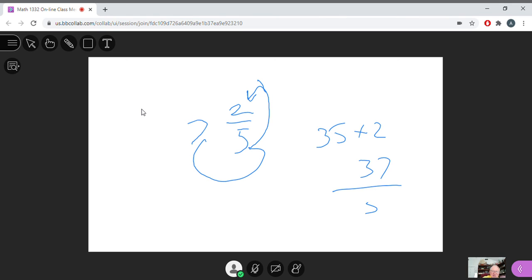The denominator stays the same, all over 5. This is times. This is add. So you have 7 times 5 is 35, plus the 2 equals 37, and the denominator always stays the same. I think that's what they show, probably better than me, but at least you can see it from the written viewpoint. And there it is, 37/5.